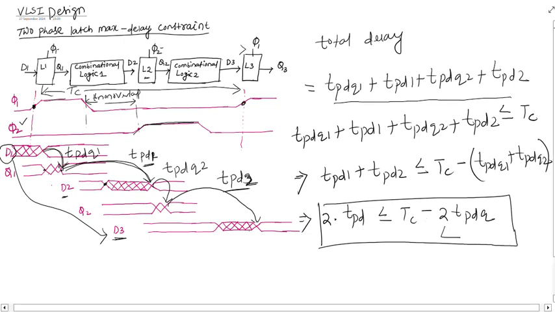This is the delay because of latches L1 and L2, and this is known as sequencing overhead. So the delay should be less than this value, then only the output will be correct. Thank you.